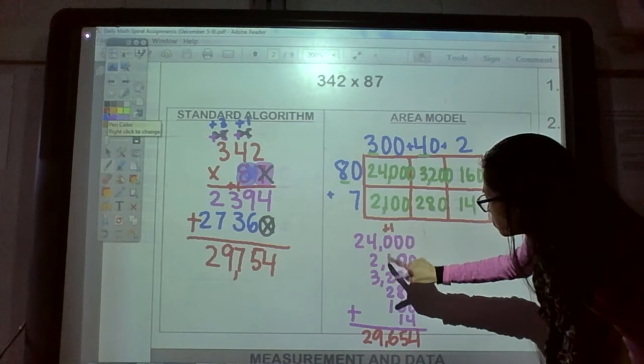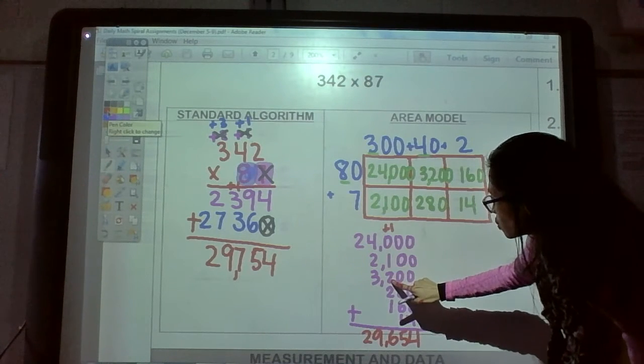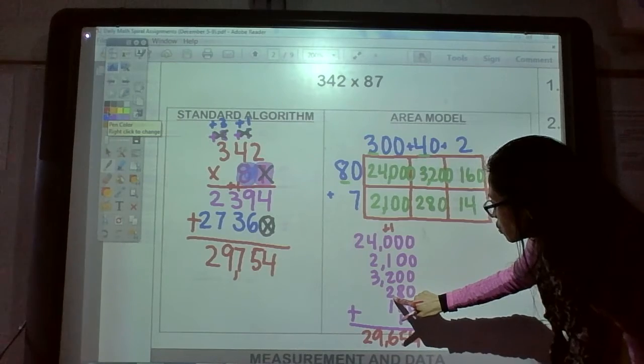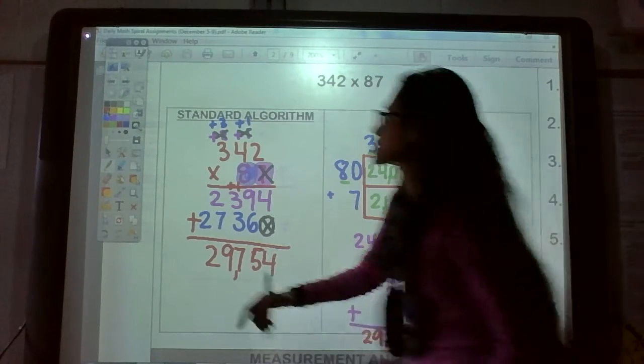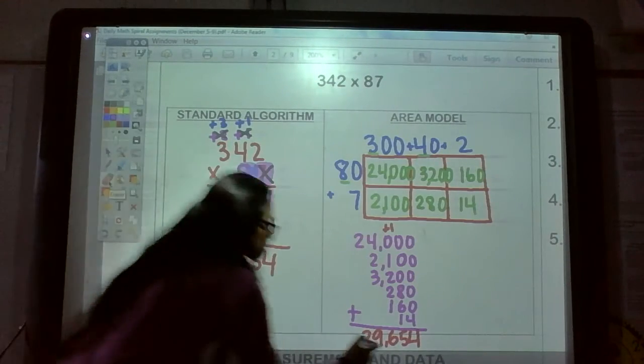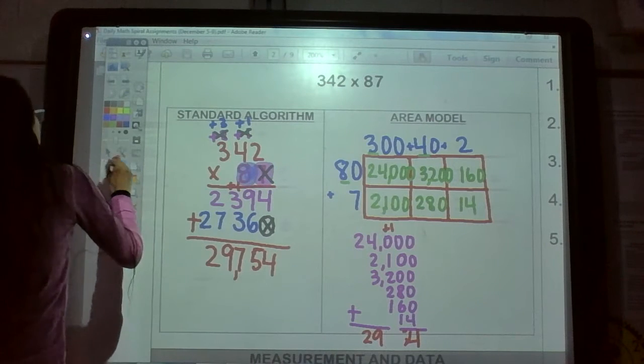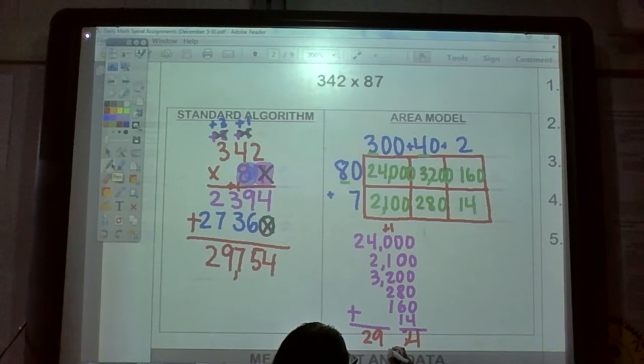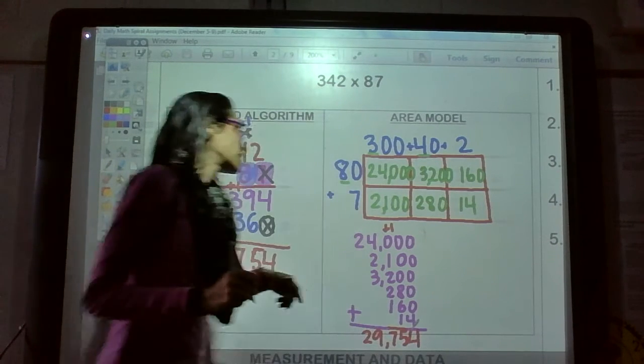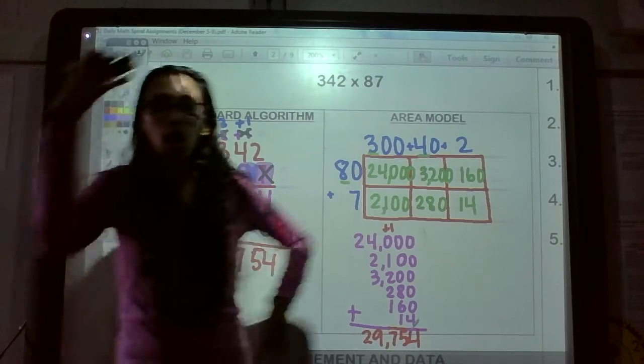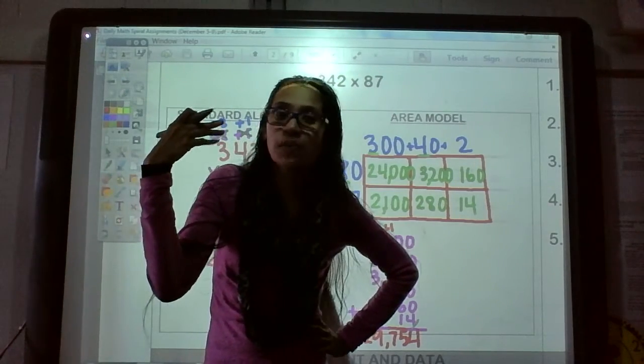So look, 1 plus 1 is 2, plus 2 is 4, plus 2 is 6, plus 1 is that 7. So let me fix that. $29,754.